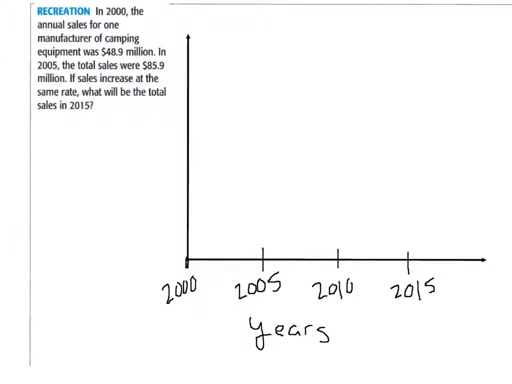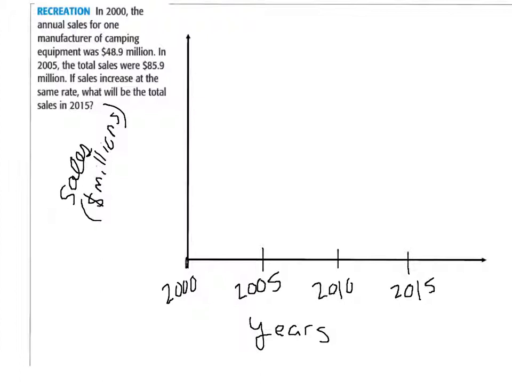Now for my vertical axis, I want to use dollars, or sales rather, and that's going to be in millions of dollars. Now to simplify our graph, I don't need to start it at 0.